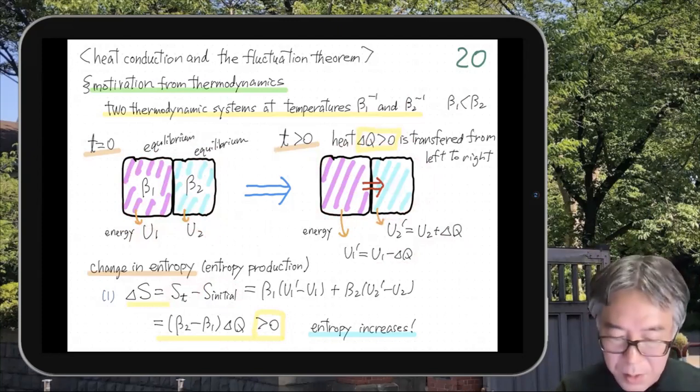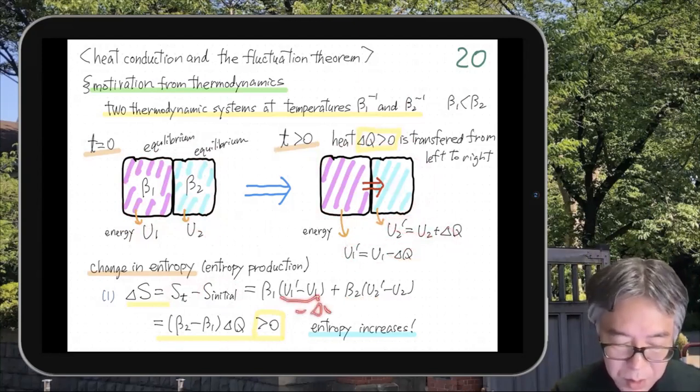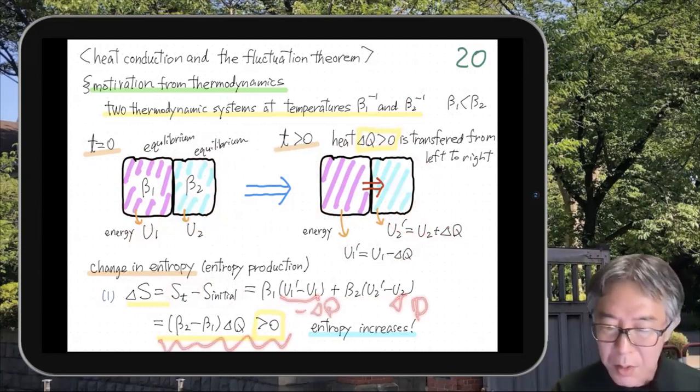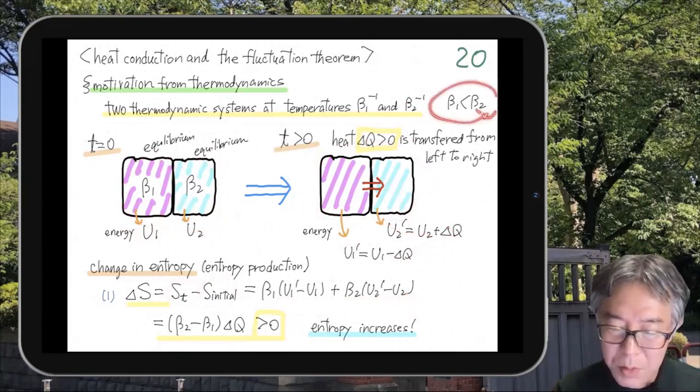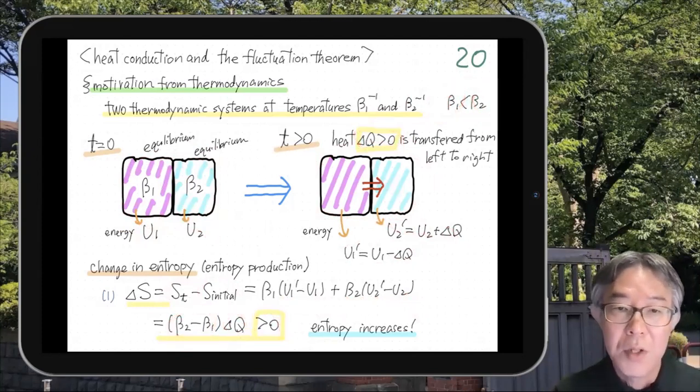And in this case, it can be written like this. Now you plug this in, and you see that this one becomes minus delta Q, and this one becomes delta Q. So you can write it in this way. Now you recall that beta 2 was larger, and delta Q is positive. So this is positive, so the product is positive. You see that the entropy increases.